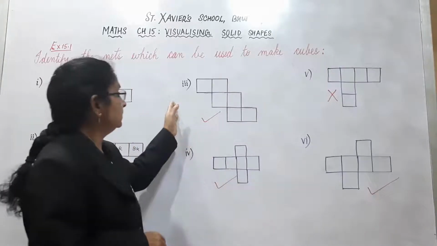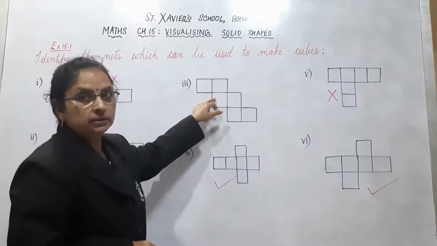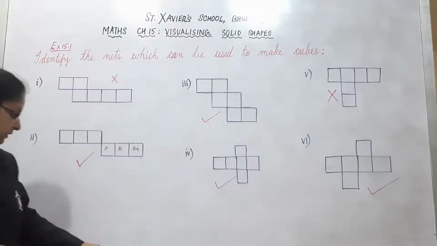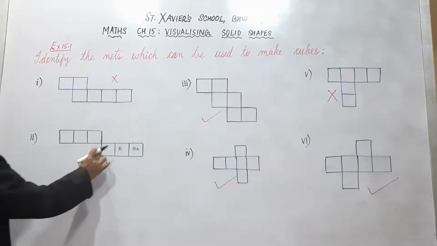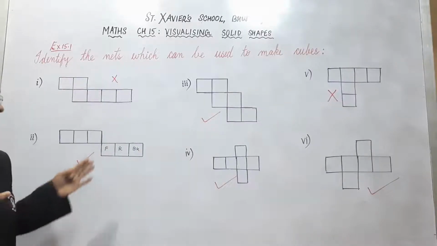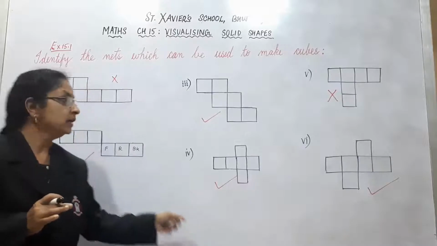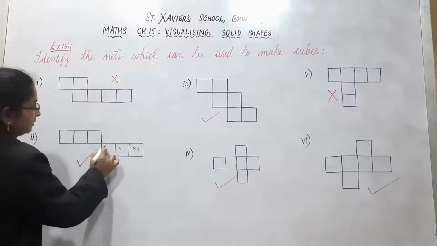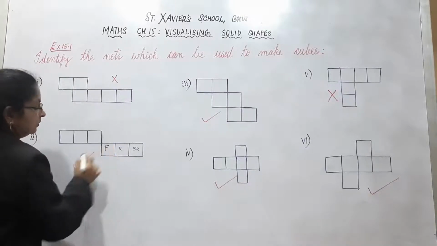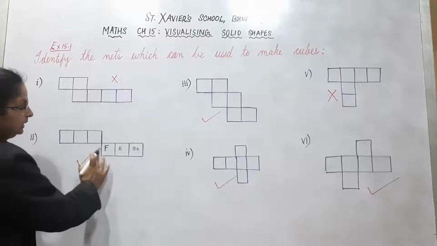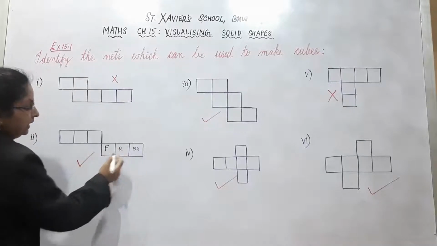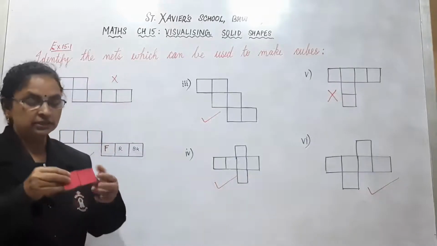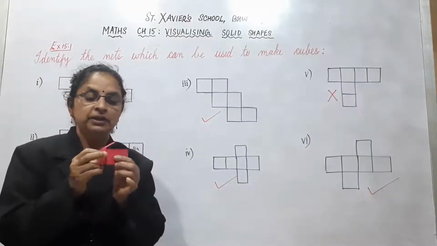And the second one we can make, because the second figure is this one. In the exam also you can make cutout pieces and then try. There should be an understanding. If you take this one as the front, this will be the right side.